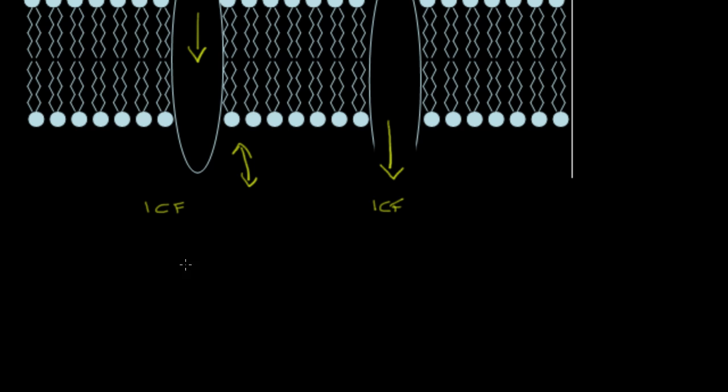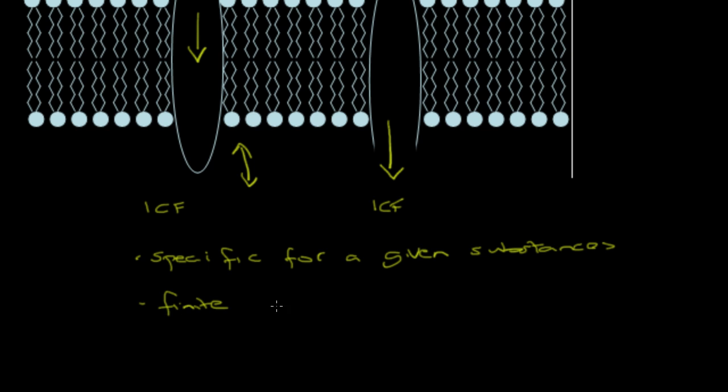But these transporters are specific for a given substance, so they're very specific proteins. And like I say, the GLUT transporters are specific for glucose. And they're also a finite number in the cell membrane.